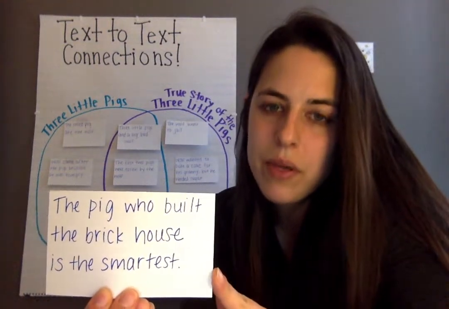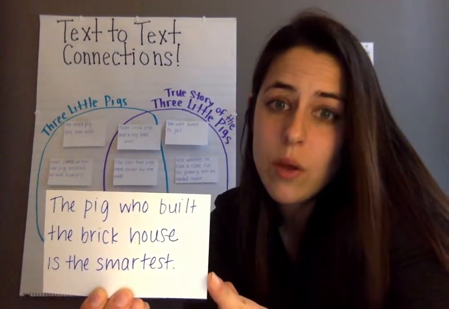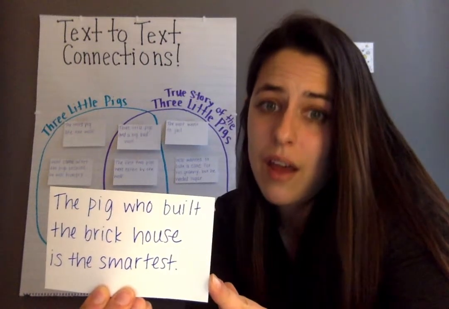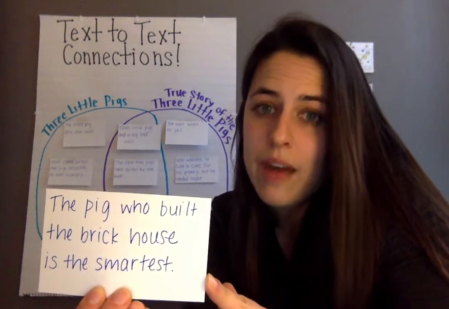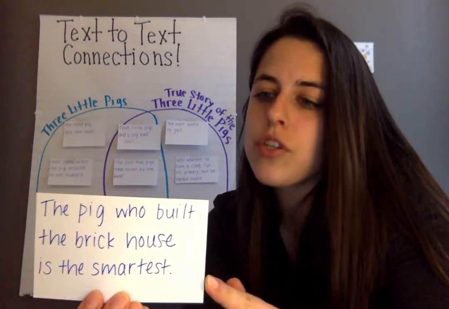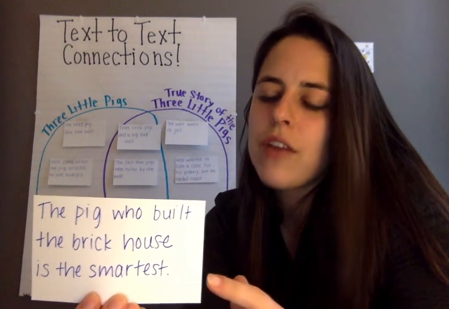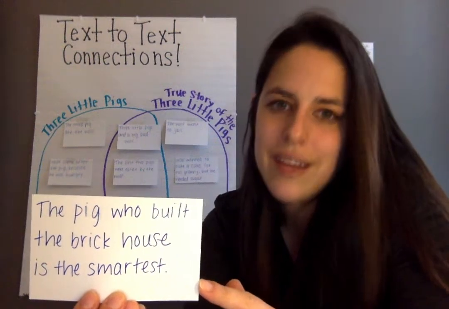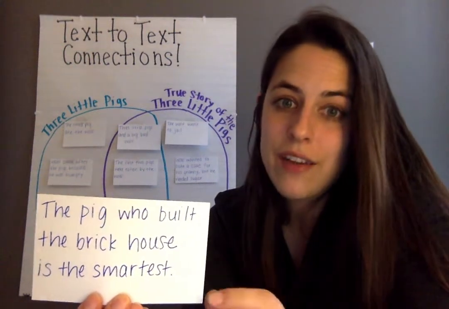So the pig that built his house out of brick, we know that it took him a lot of time, and it took him a lot of patience, and it was a lot of work. So it's kind of trying to teach us that hard work and dedication pay off in the end.